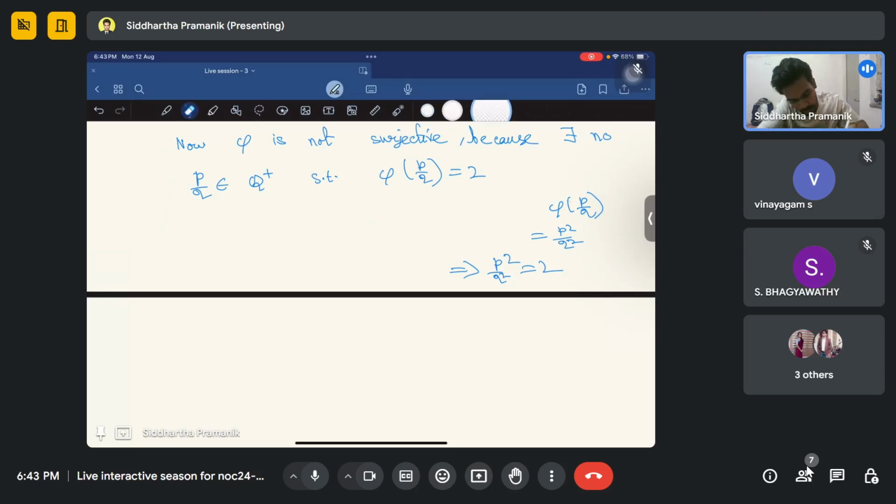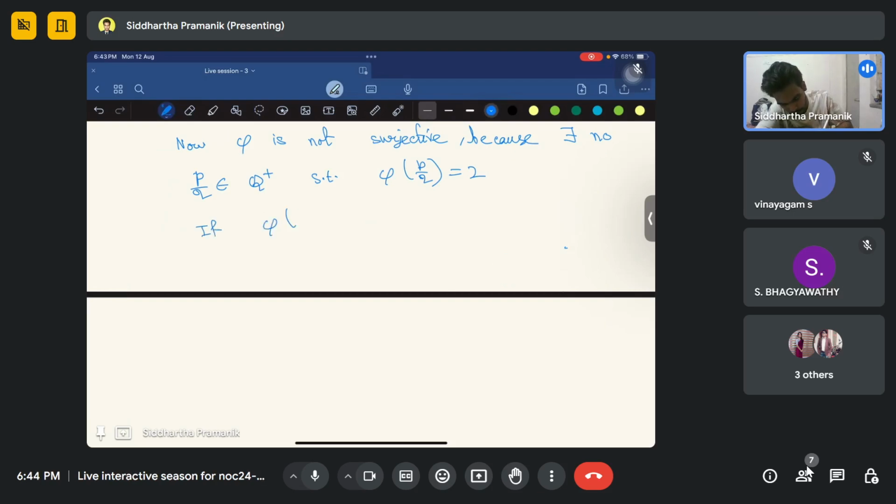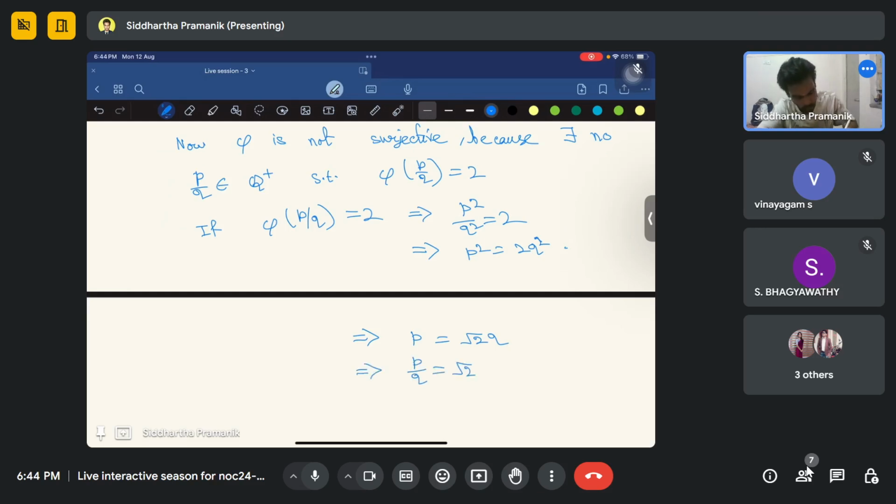Okay, let me write it clearly. If phi of p by q is equal to 2, that will imply p square by q square is equal to 2, and that will imply p square equals 2q square. So you just take the square root, because p and q both are positive, so that will imply p equals root 2 times q. So this means p by q equals root 2.